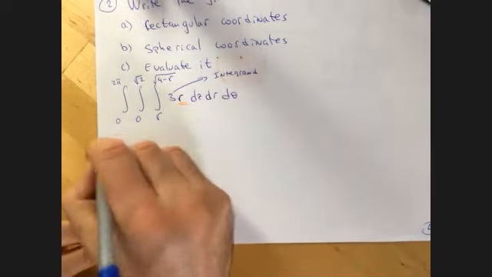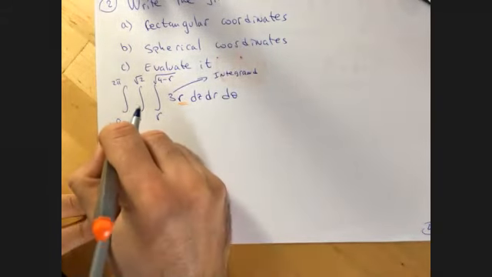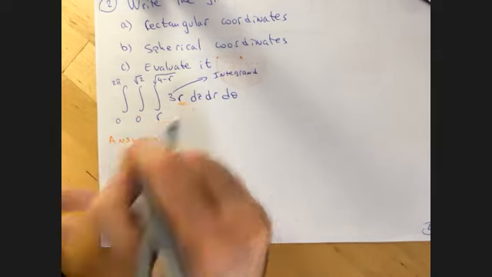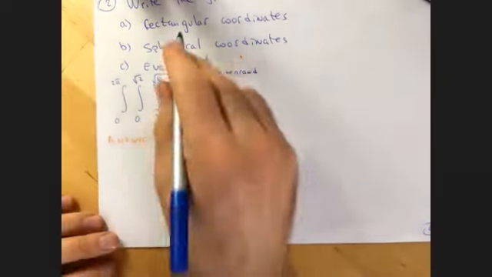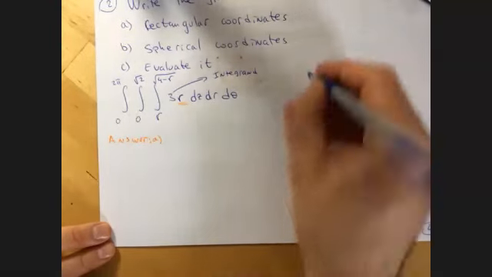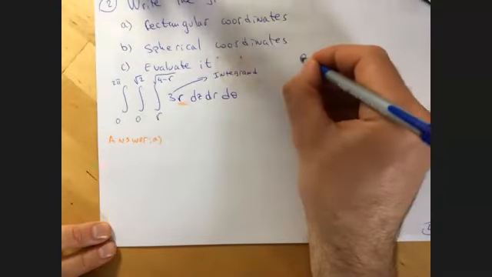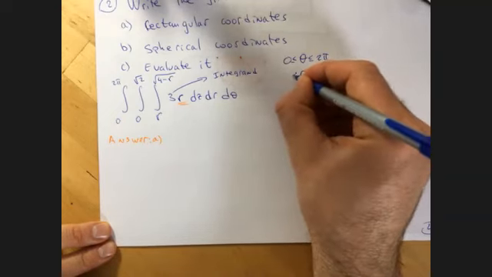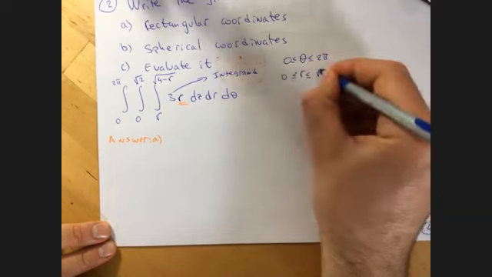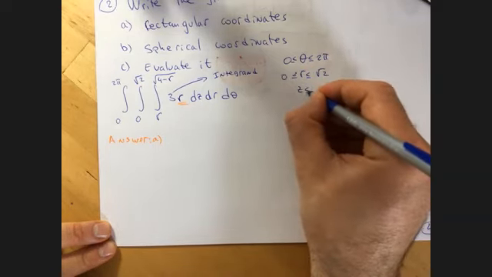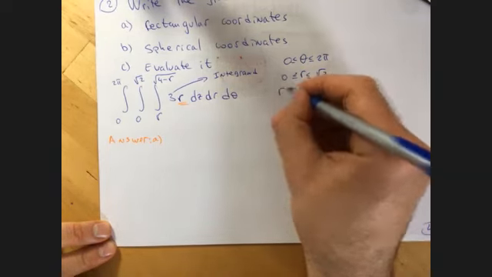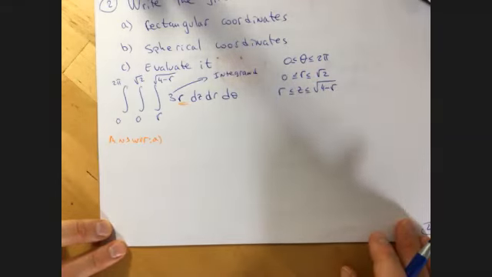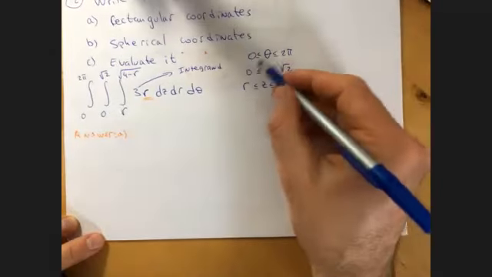Okay, so let's do this problem. Part A. Switch this to rectangular coordinates. Here I'm going to write the bounds. Theta is between 0 and 2 pi, r is between 0 and square root of 2, and z is between r and square root of 4 minus r squared.